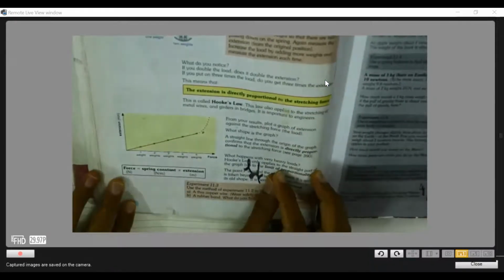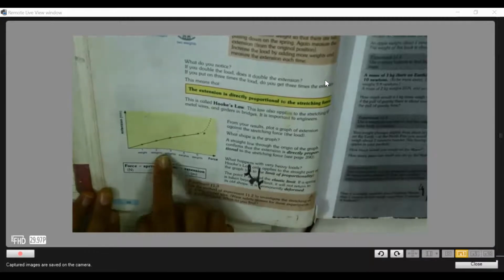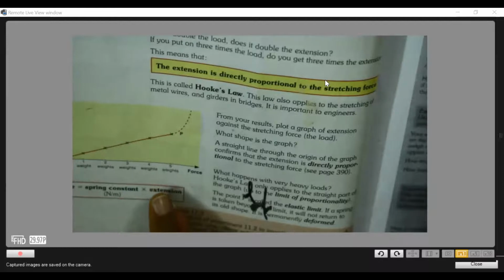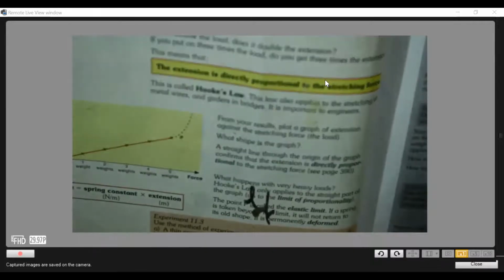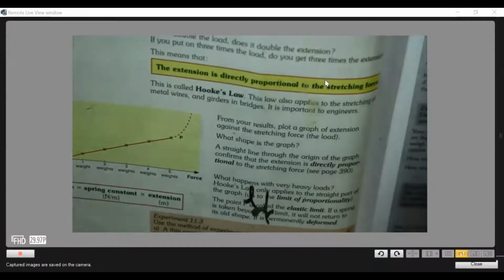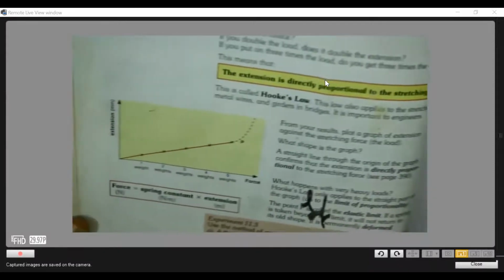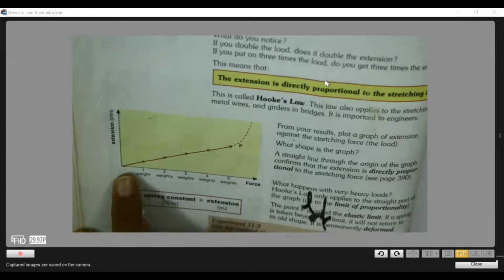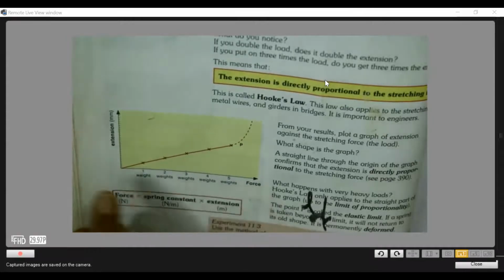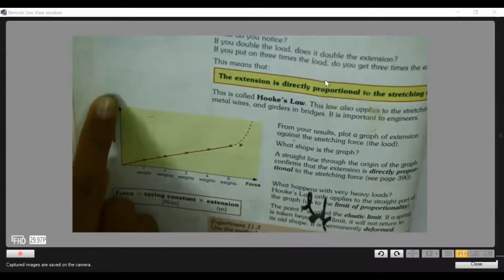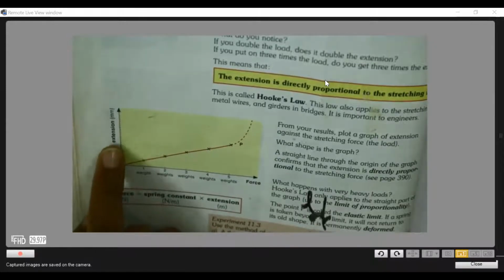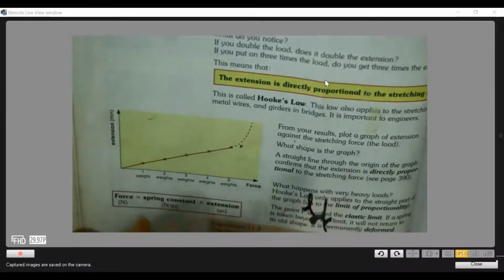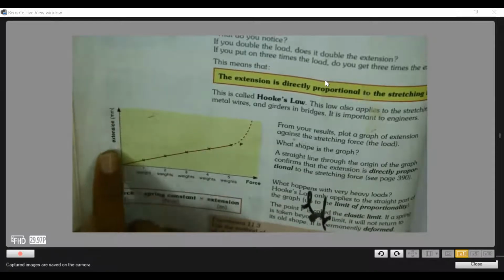I don't know what page number it is on your book. Let me do it. Now this graph has the load or the force on the x-axis and extension on the y-axis. Remember, this is extension. This is not the length of a spring balance. Sometimes they might give you the actual length.